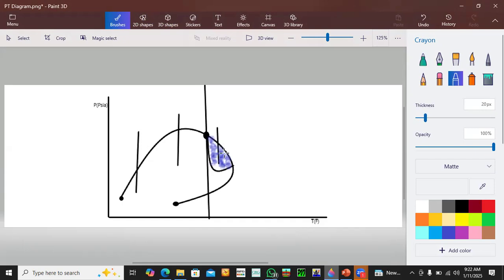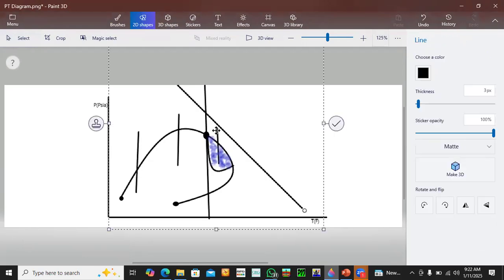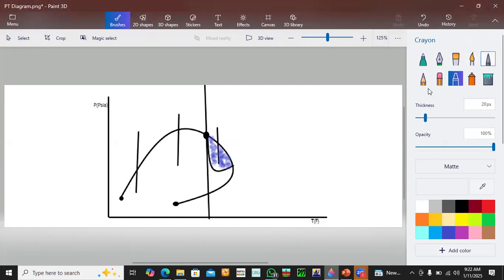As pressure continues to deplete downwards through the retrograde region, it will continue condensing liquids, but upon reaching this point where it leaves the retrograde region, it will start reversing back to its gaseous state.